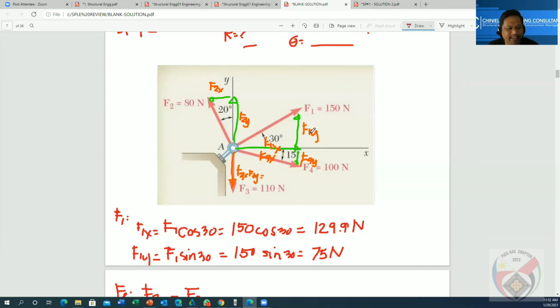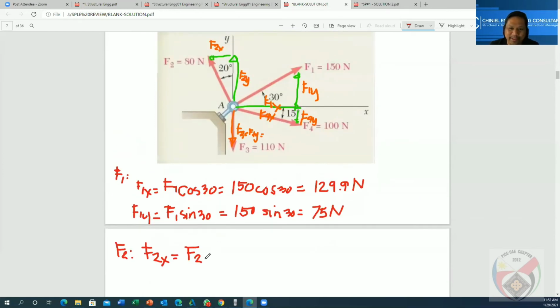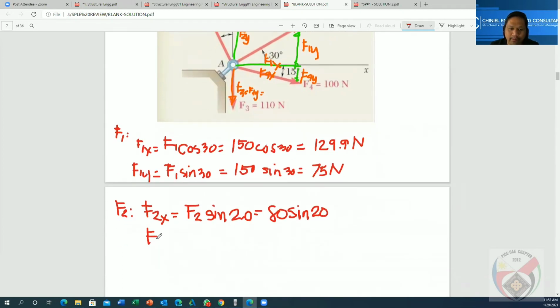So F2x is 80 sine of 20. Then F2y is F2 cosine of 20, which is 80 cosine of 20.